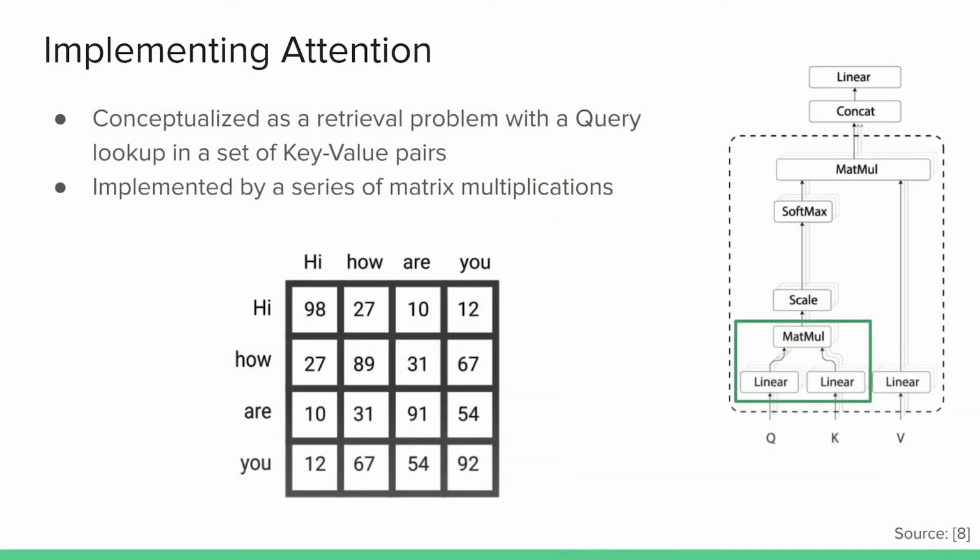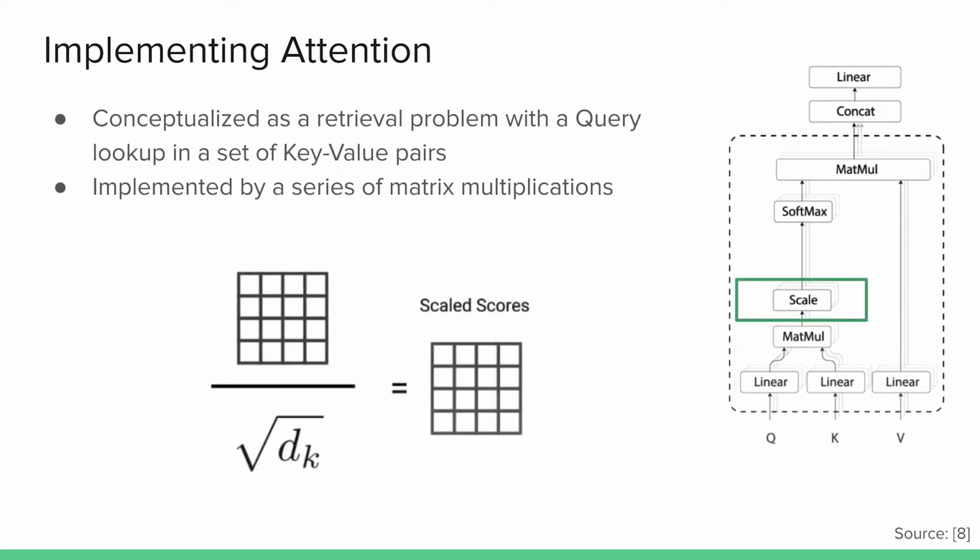Now we have something like this. And what you can see here is how each word relates to each other word of that same sequence. Unfortunately, that multiplication can explode quite easily. That's why we're typically normalizing it to kind of stabilize our gradients. So we're dividing this by a number to get scaled scores.